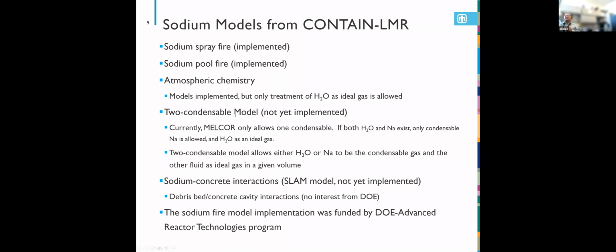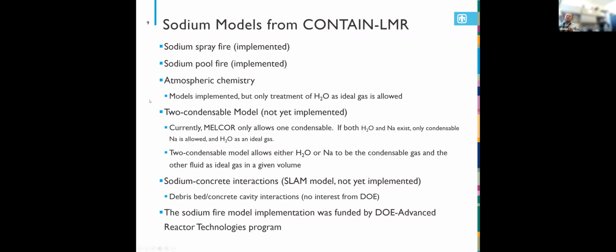And there's a two-condensable model. Currently, for example, MELCOR only allows one condensable in a given problem. If both water and sodium exist in the volume, only one of them can be condensable, so the EOS can be used. For example, for a sodium reactor, of course, sodium would be condensable, and H2O water would be treated as an ideal gas.